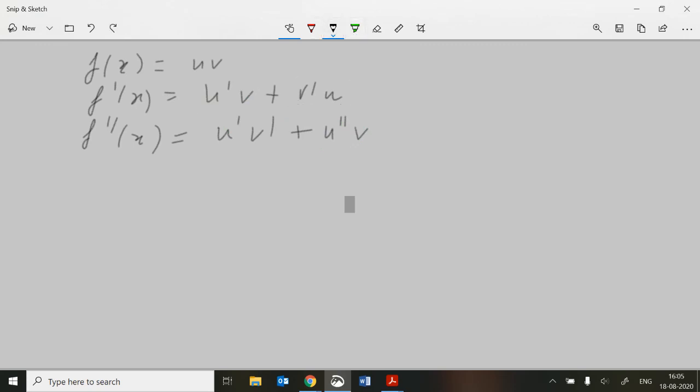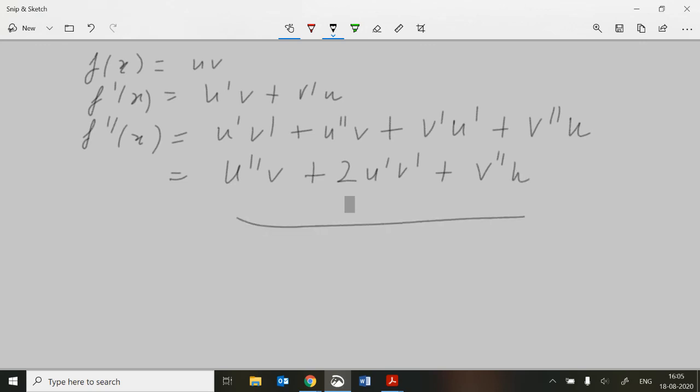Okay, we need to do the same for this part as well. And likewise, we're going to get V dash U dash and V dash dash U. Now when we put this together, we can see we've got U dash dash V plus two lots of U dash V dash plus V dash dash U. Recognize anything? The binomial expansion, doesn't it?